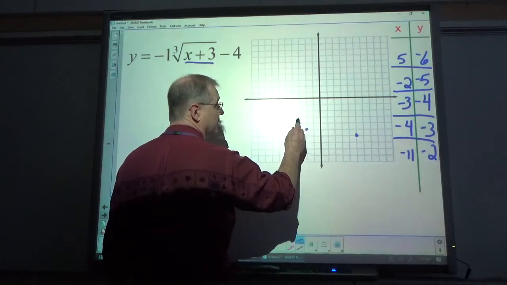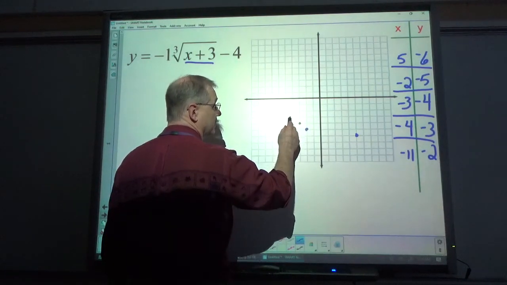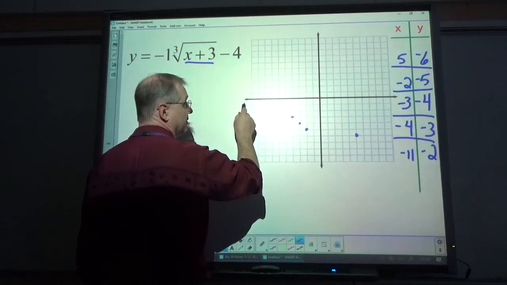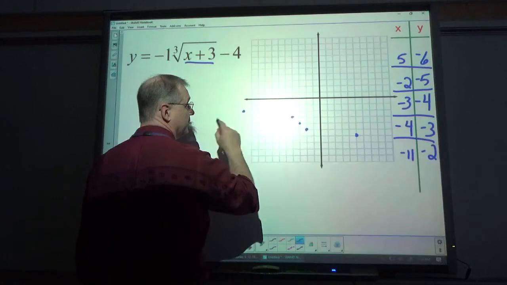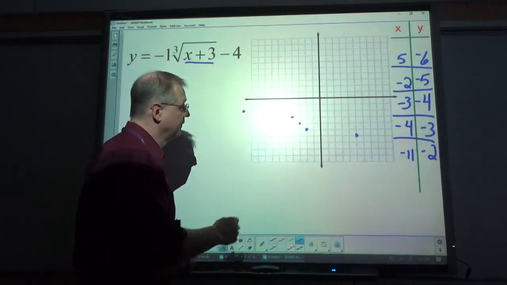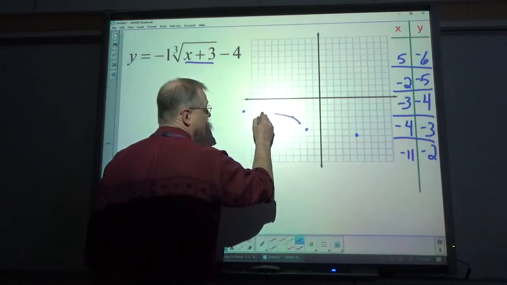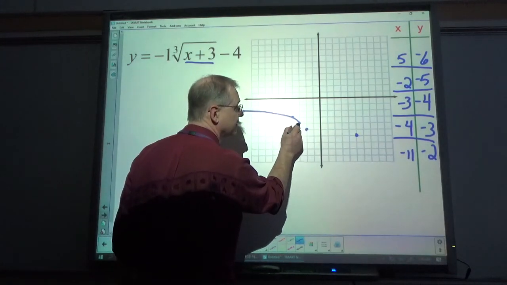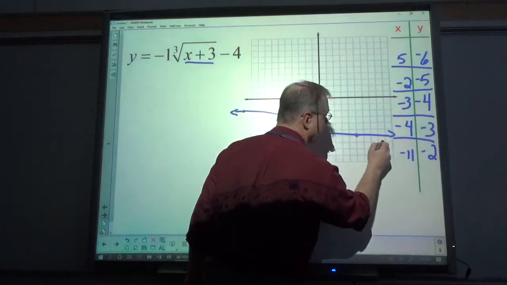Negative 4. Negative 4. Negative 3. Negative 11. Negative 2. About there. All right, so there's my center, which is arcing this way, and then the other side is going that way.